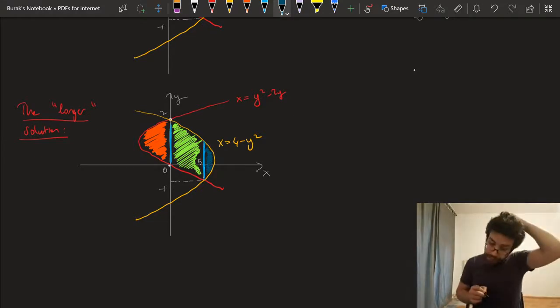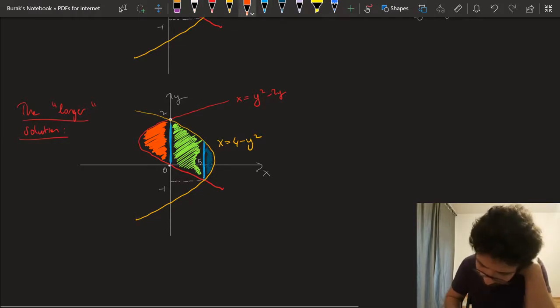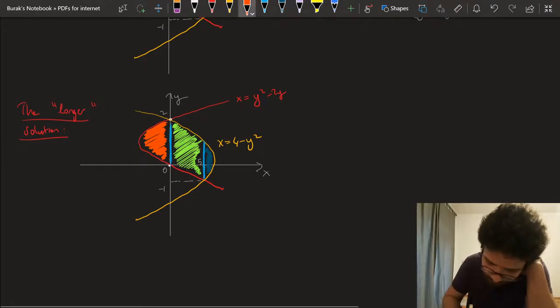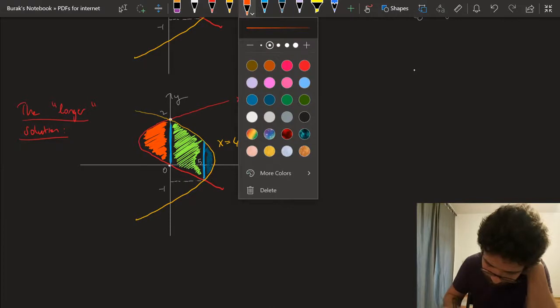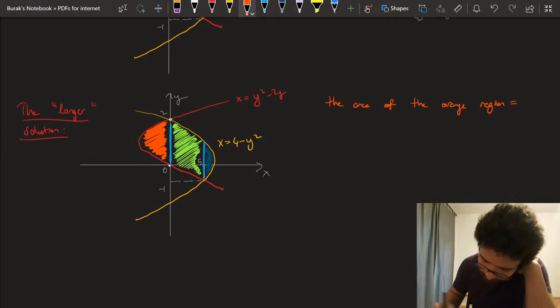Okay, now the area of the orange region is equal to.